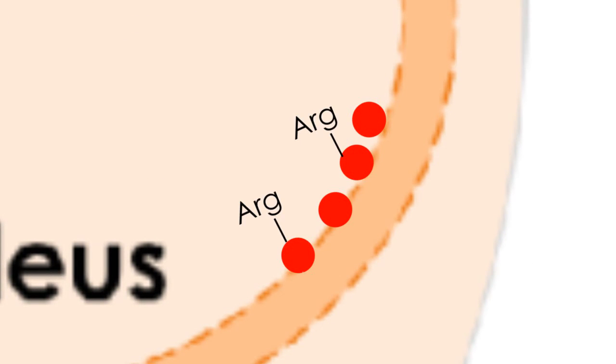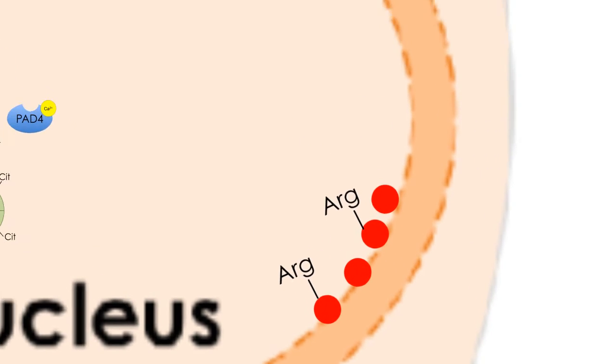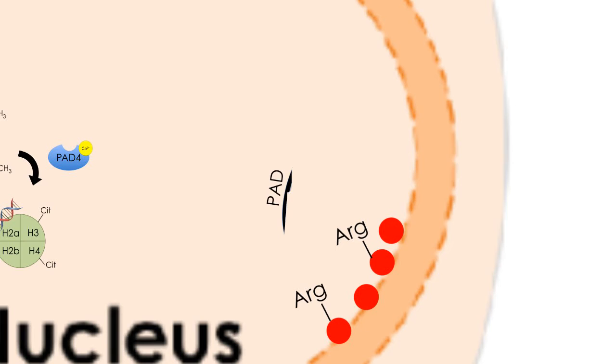Citrullination plays an important role in nuclear lamina disassembly in apoptosis. During apoptosis, intranuclear calcium ion concentration increases and activates PAD enzymes. The activated PAD then deaminates a 70 kilodalton protein that is attached to the nuclear lamina.